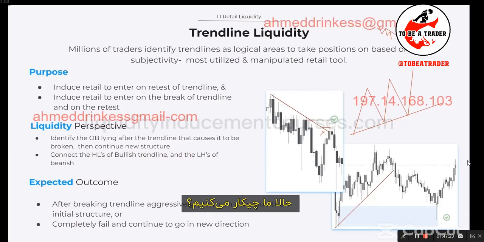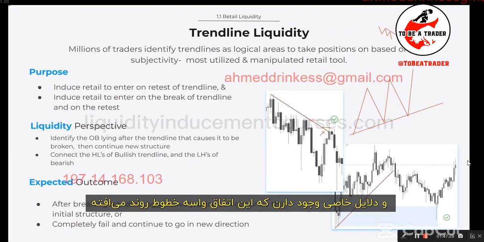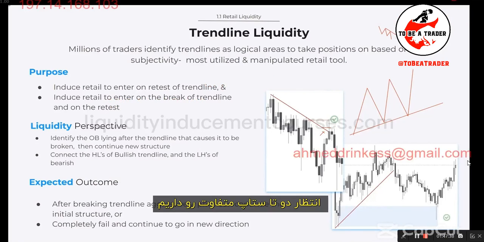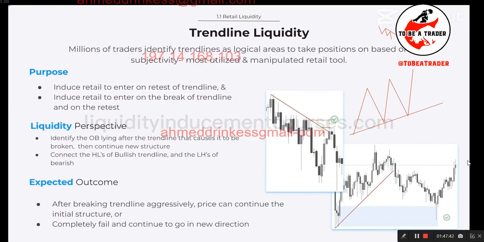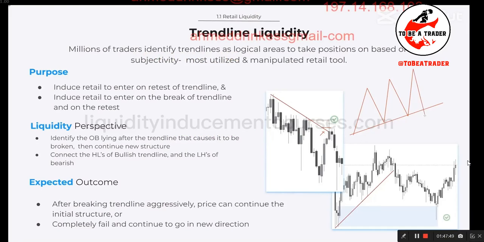We know that trend lines have to be broken, and there are specific reasons trend line traders see it doesn't work. When you see a trend line, we need to expect two different setups. We need to expect, one, that the trend line is going to be broken and then price is going to go higher.